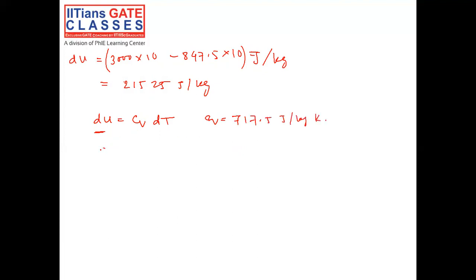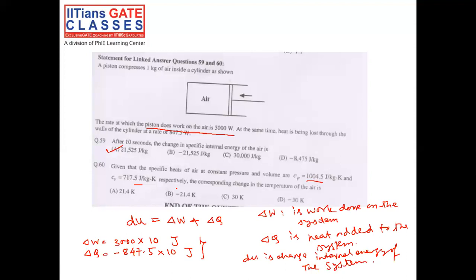So if we substitute dU and Cv, we will get dT, that is 21525 divided by 717.5 Kelvin. So this will come to something around 30 Kelvin. So the corresponding change in temperature of the air is 30 Kelvin.